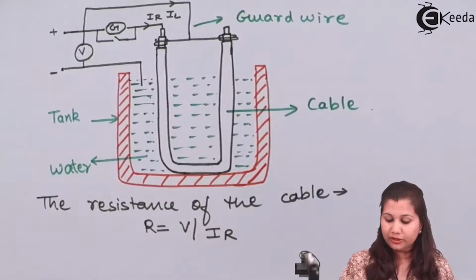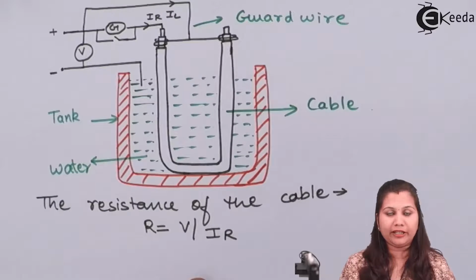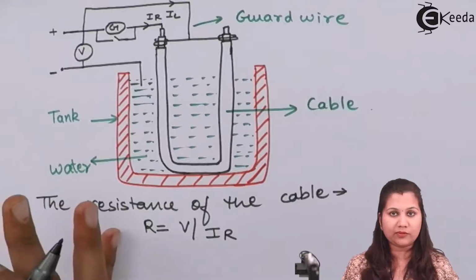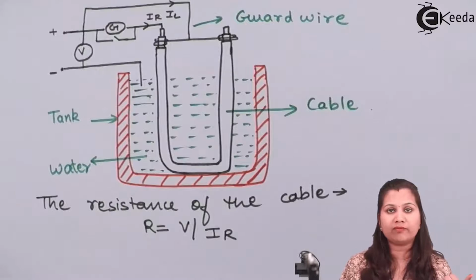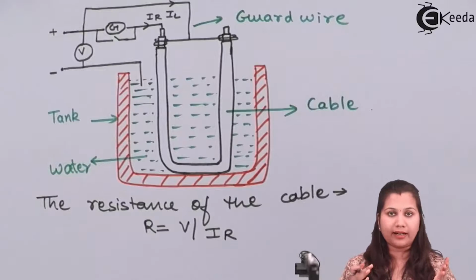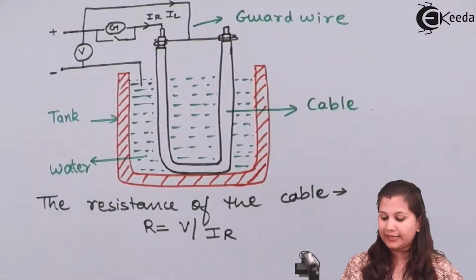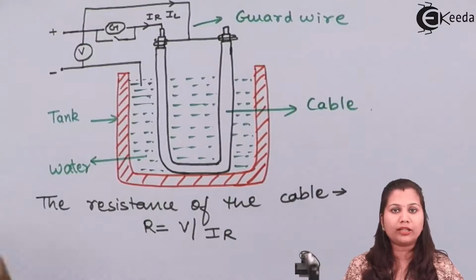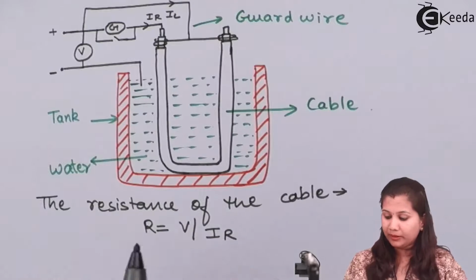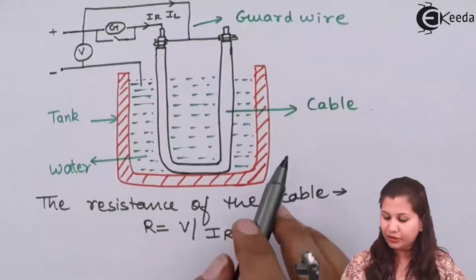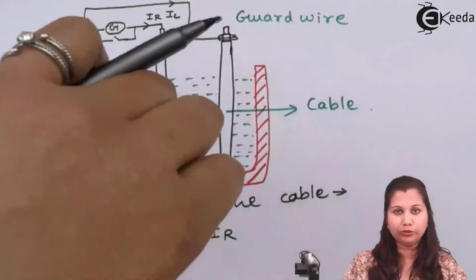So here we have studied the direct deflection method. Both the cases we have considered. The first case was when the cable is surrounded with a metallic sheath, and the second case when the cable is not having a metallic sheath over it. When the cable is not having a metallic sheath, we immerse the cable into water.